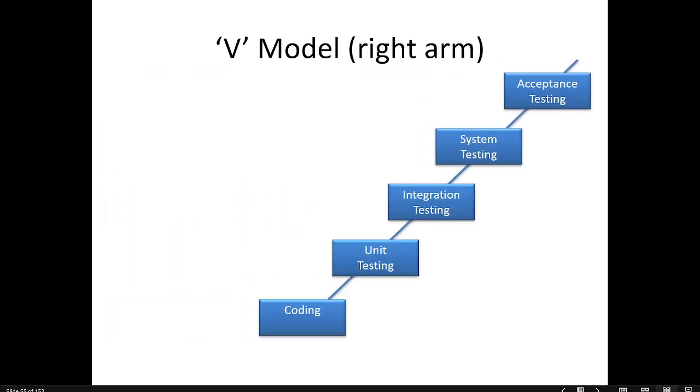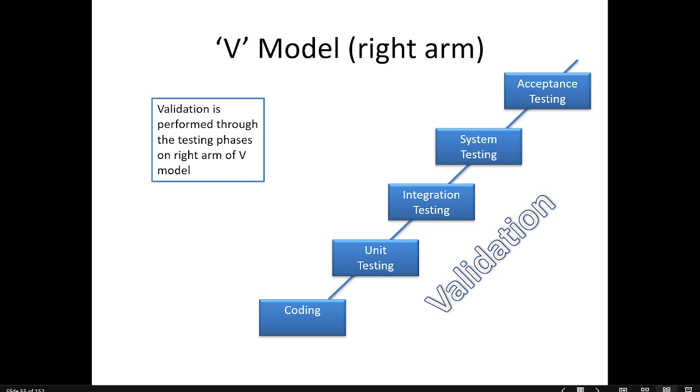So if you are looking at this, this is the right arm of the V model. Validation is performed through the testing phases on the right arm of the V model. We call it validation. There is one common point between the left arm and the right arm, and that common part is called coding.